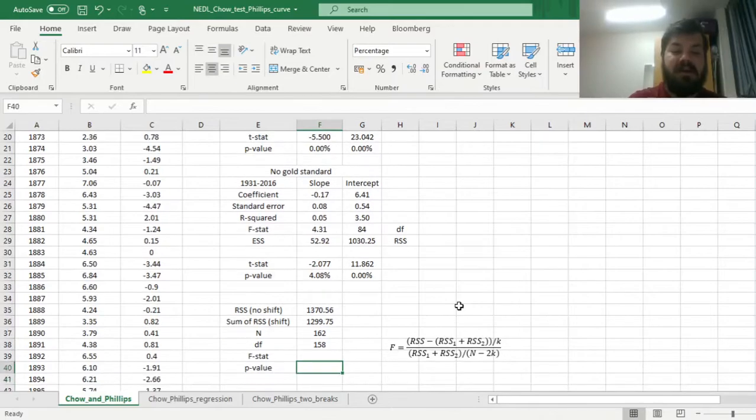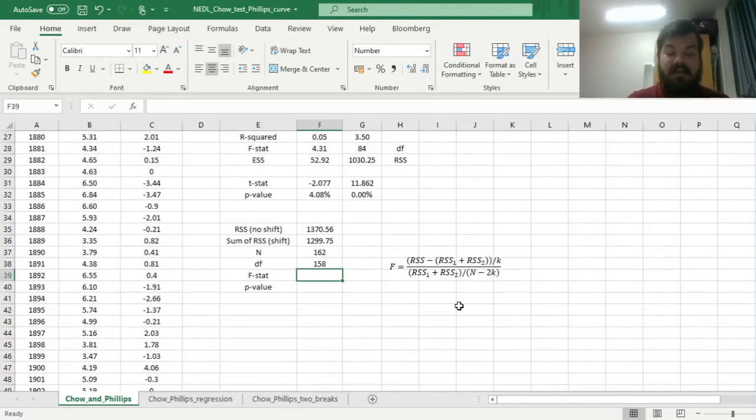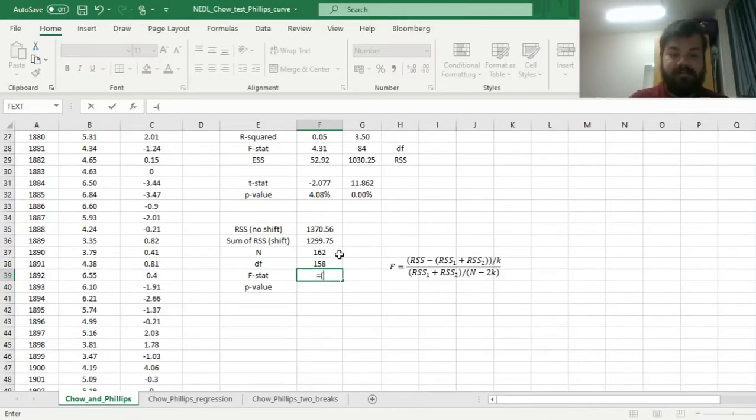We can add them up and still get 158, so both methods are useful. And then we can calculate the F-stat finally. In the numerator, we have got our residual squared sum for the short model, for the model on the whole sample, minus the residual squared sum, the unexplained variance, for the long model on two subsamples.